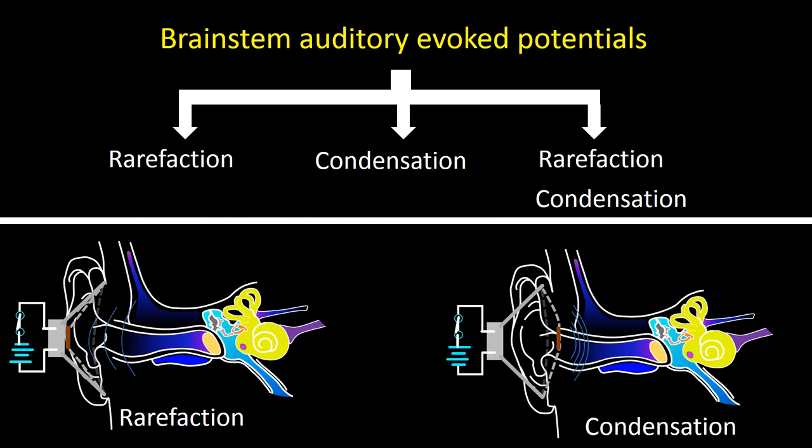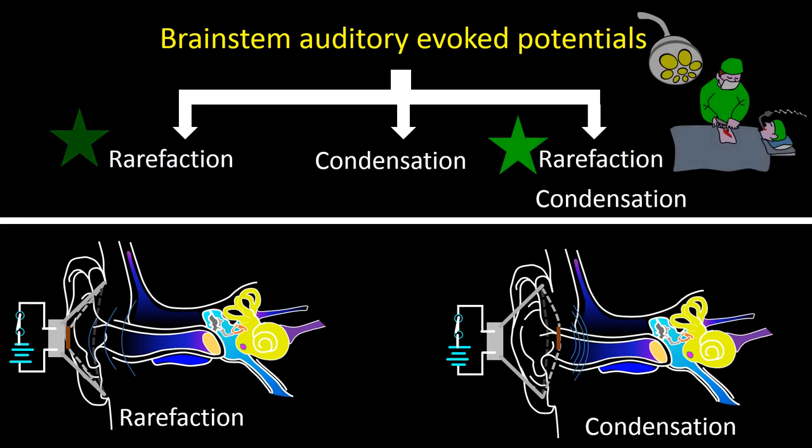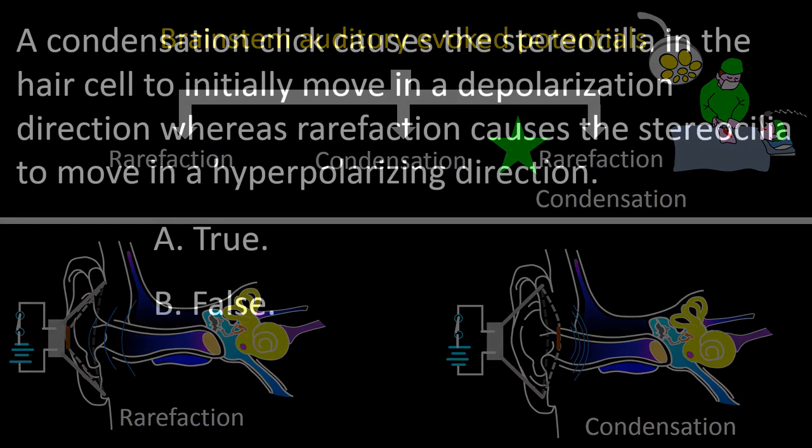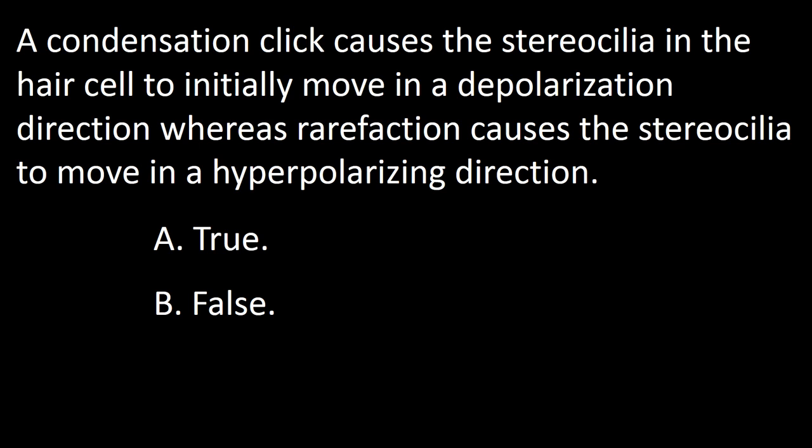So of the three possible click polarities that we can use, rarefaction is usually preferred for routine testing because of its ability to produce depolarization at the level of the hair cells. But in the operating room, alternating polarities are preferred because the combination decreases artifacts. So the answer to this question is false.